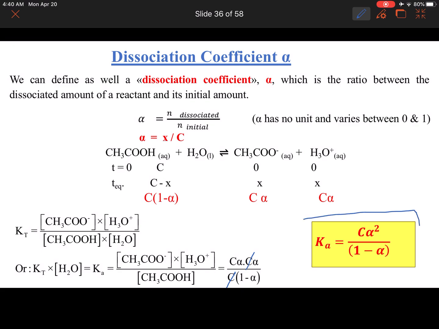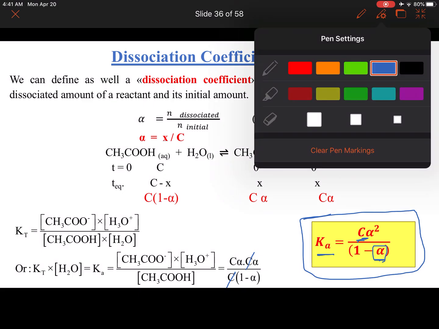Now this equation can come in handy sometimes. If I want to relate the dissociation coefficient to the concentration or to the Ka, I can use this relationship, and it can simplify some reactions, as we're going to see in the problem set.